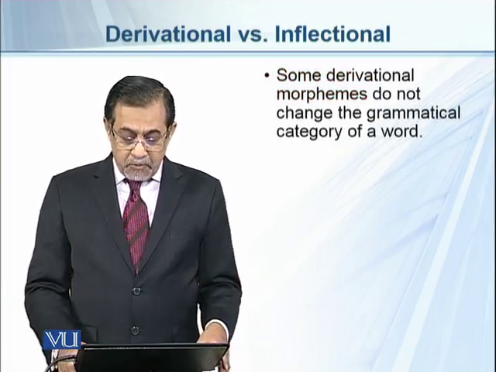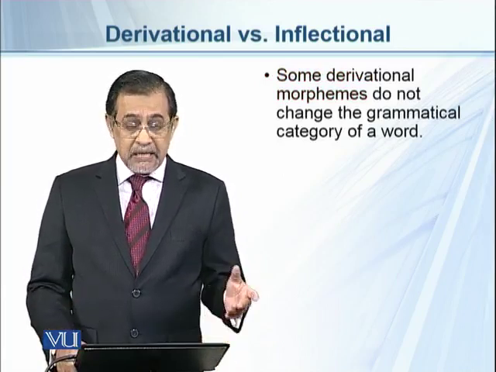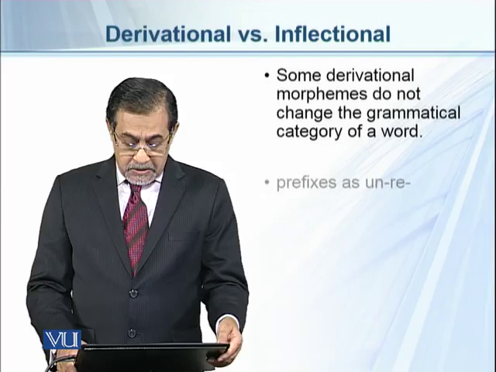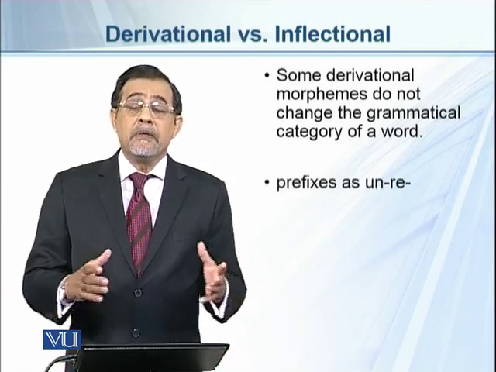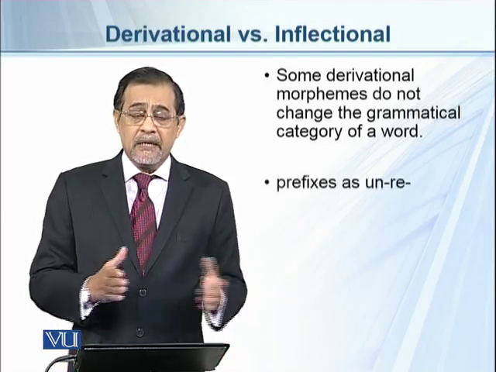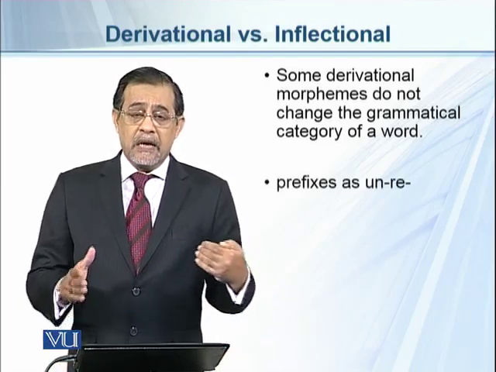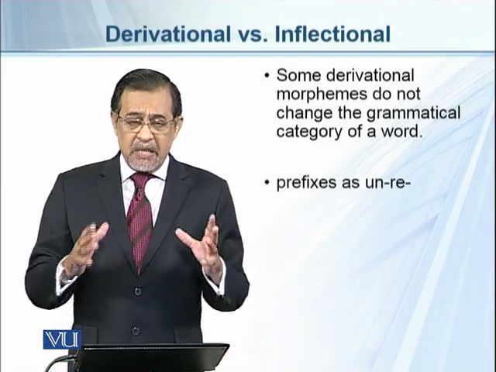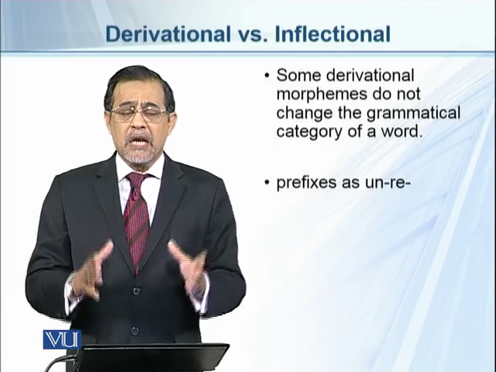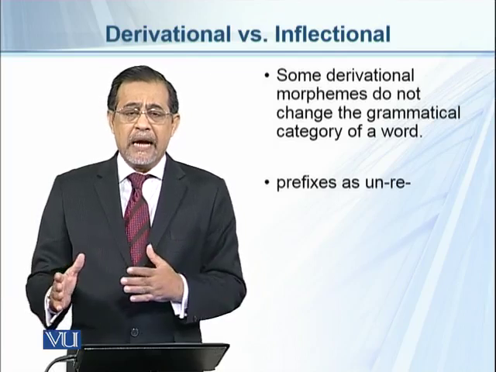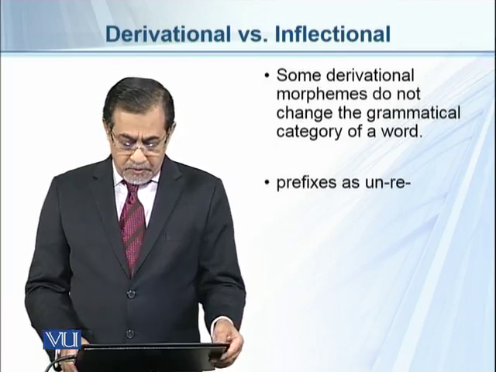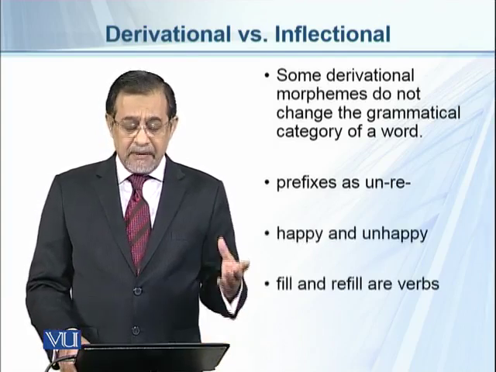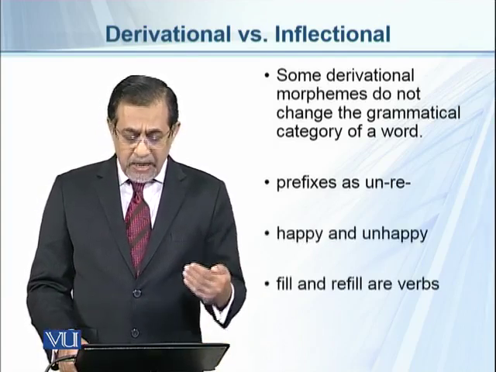Some derivational morphemes do not change the grammatical category of a word. So, for example, all the prefixes, which are added before the stem, do not change the class of the word they are attached to. For example, we have un and re, and we add un to happy.